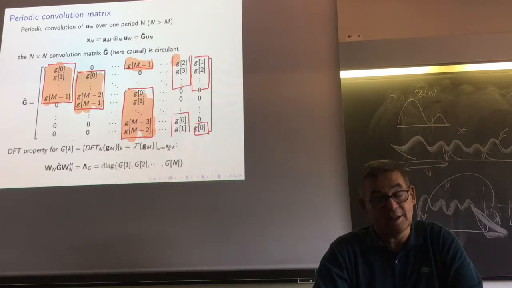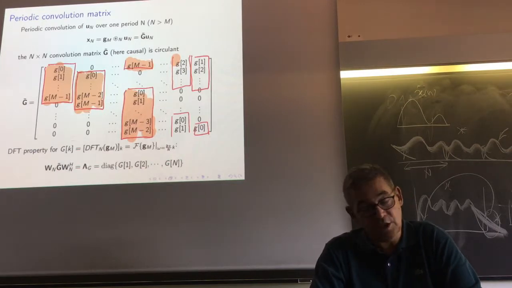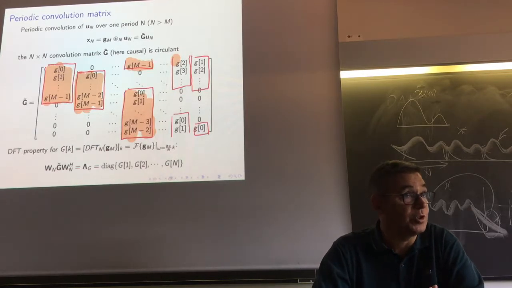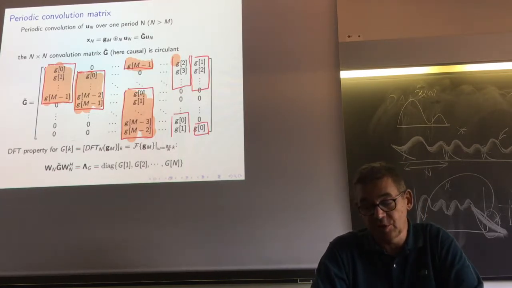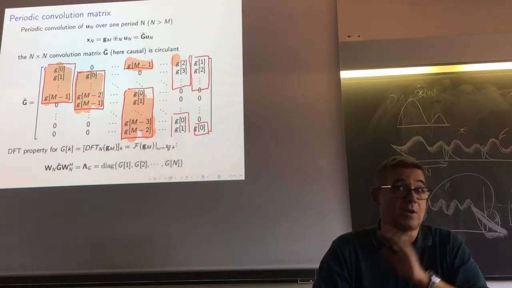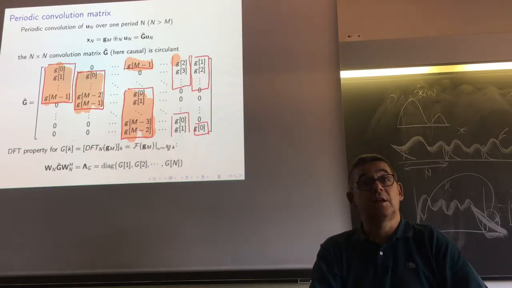Now for circulant matrices, there is a strong property that I encourage you to look at by yourself, okay, which is not important right now, but will be important in approximately two months.